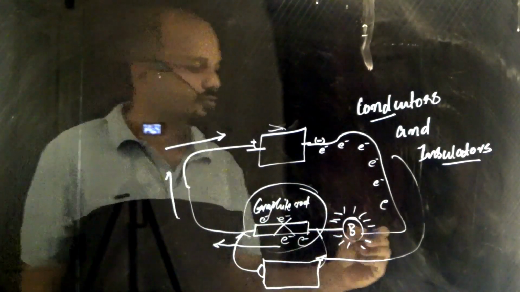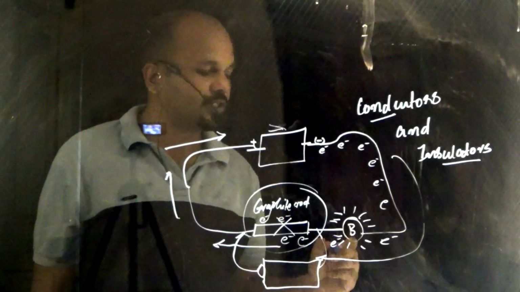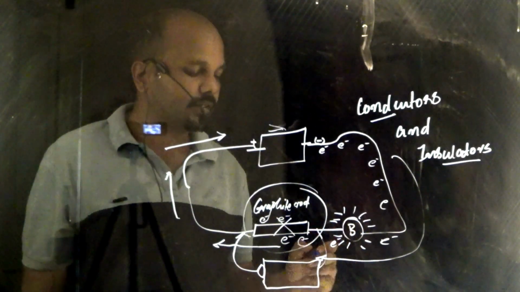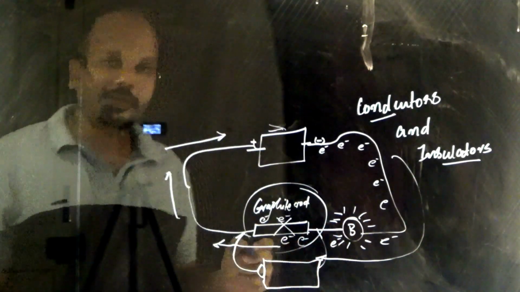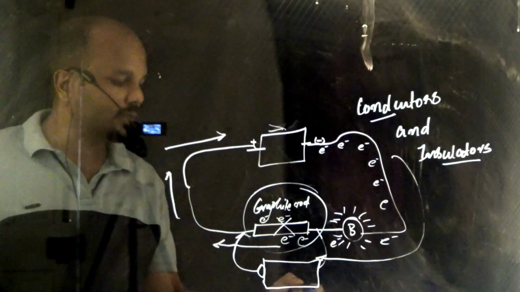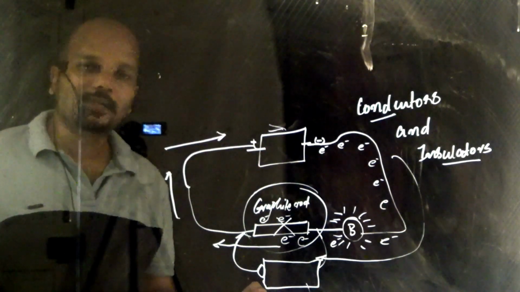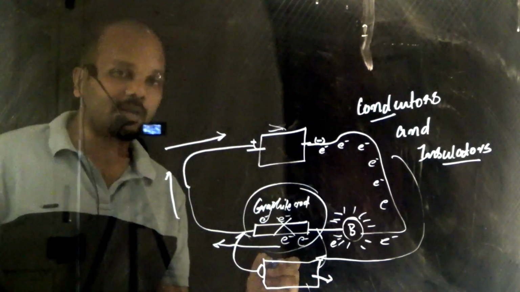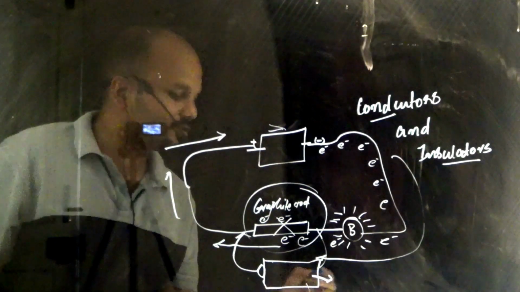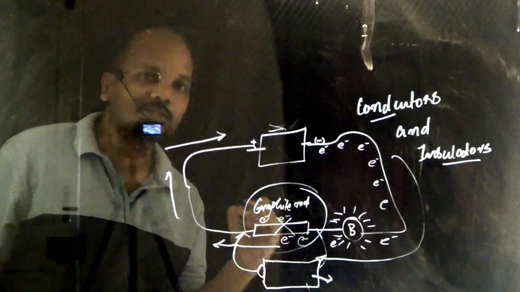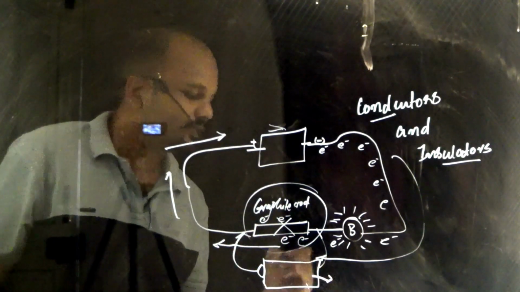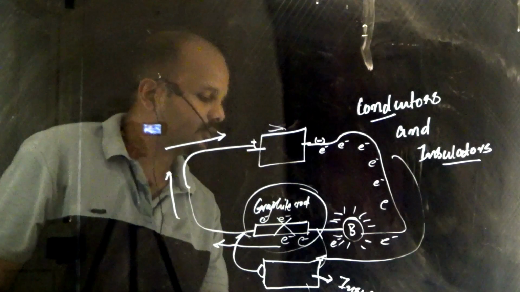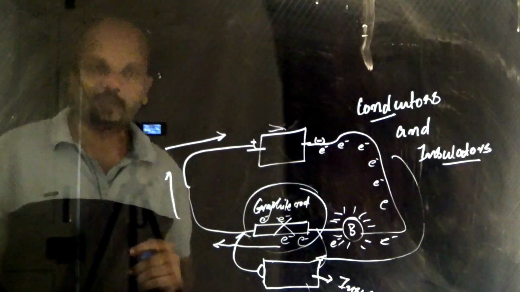The electrons will be passing till the bulb, but they cannot complete the circuit, because the electrons will not pass through the plastic bottle. This plastic bottle is nothing but an insulator. It is not going to allow the passage of electricity.